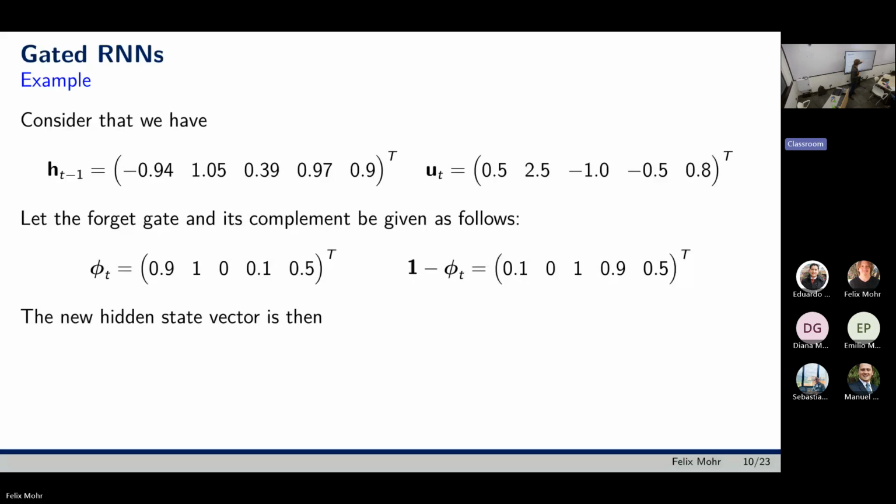In a recurrent network that would be my HT, but for us it's now only the UT. And now we come through the weight matrices that we have to the phi t, which we had in the previous example, and then we also have the counter phi. So the question is, what's my new HT? You probably need pen and paper to compute this.